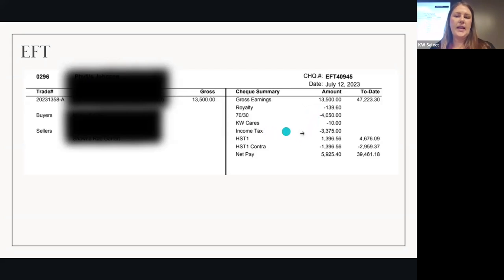Now this one's new, an income tax deduction. The office does offer to hold income tax for you if you want us to. It's essentially like a forced savings plan. You tell me what percentage you want to put aside, it can be any percentage you want. It typically ranges from 15 to 35% depending on your taxes.